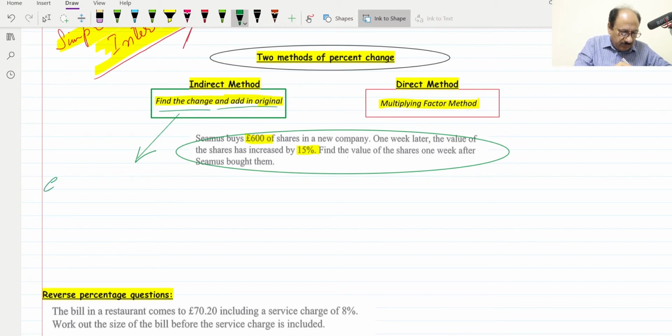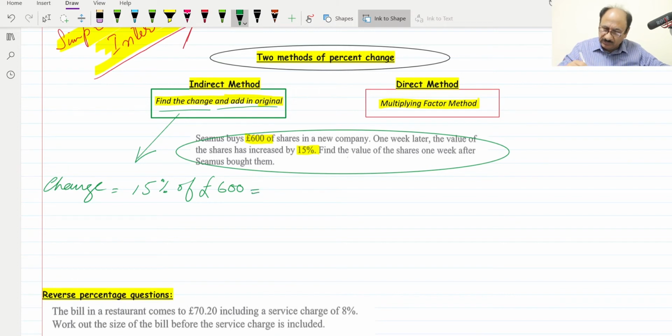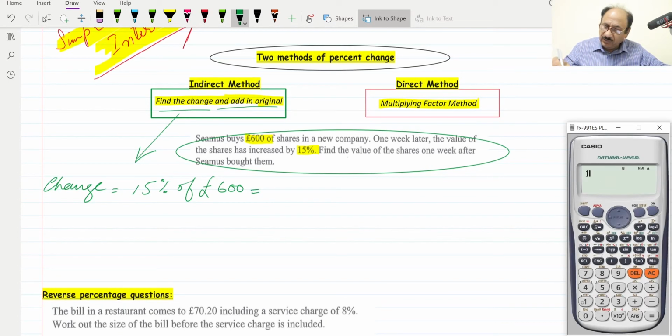So the change will be how much? 15% is the increase, so we calculate 15% of 600 pounds, which is the multiplication with 600, and this will be equal to 90.